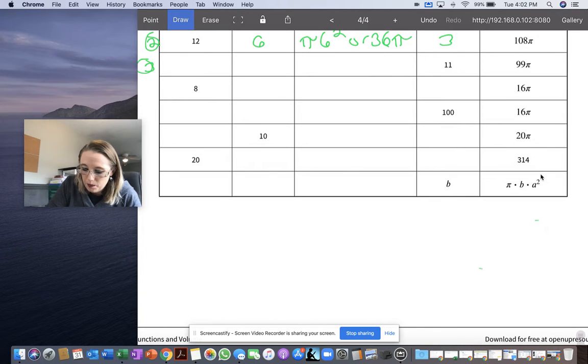You're given a volume, 99 pi, equals pi times radius squared times 11, the height. Remember, again, volume equals pi r squared, which is the area of your base, times height.